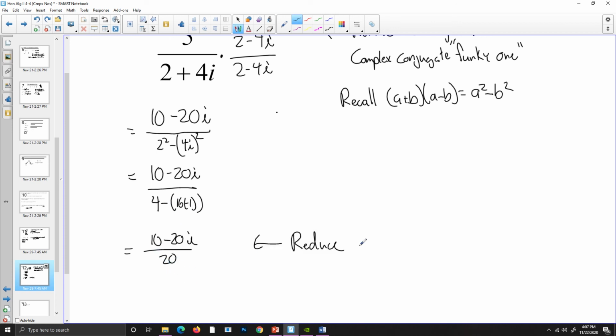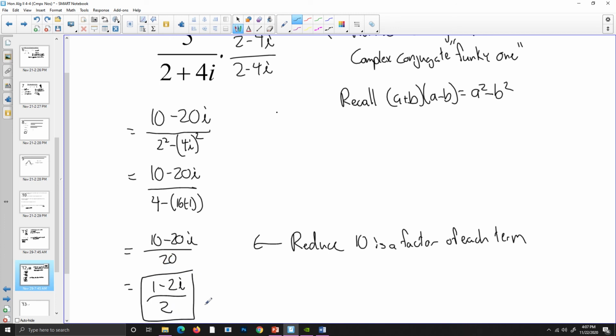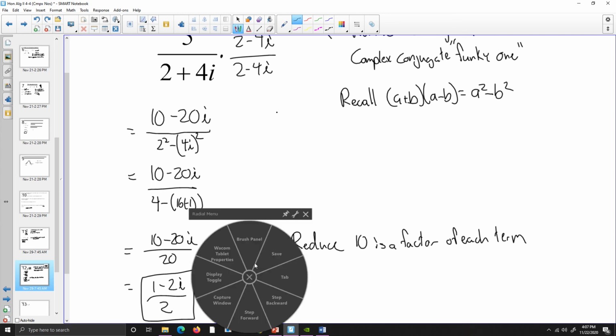I can take 10 out of each term. 10 divided by 10 is 1. 20 divided by 10 is 2. And then 20 divided by 10 is 2. This is acceptable, or a half minus 1i.